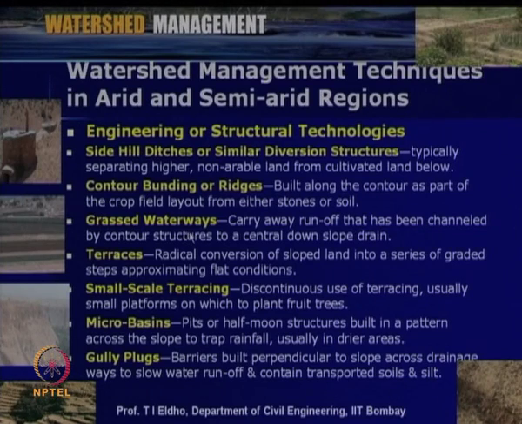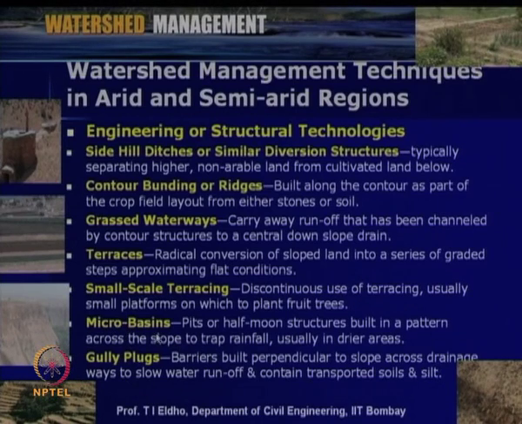Then grassed waterways, which carry away runoff that has been channeled by contour structures. Then we can go for terraces, like this we can have terraces: radical conversion of sloped land into a series of graded steps. Then we can go for small scale terracing depending upon the area.